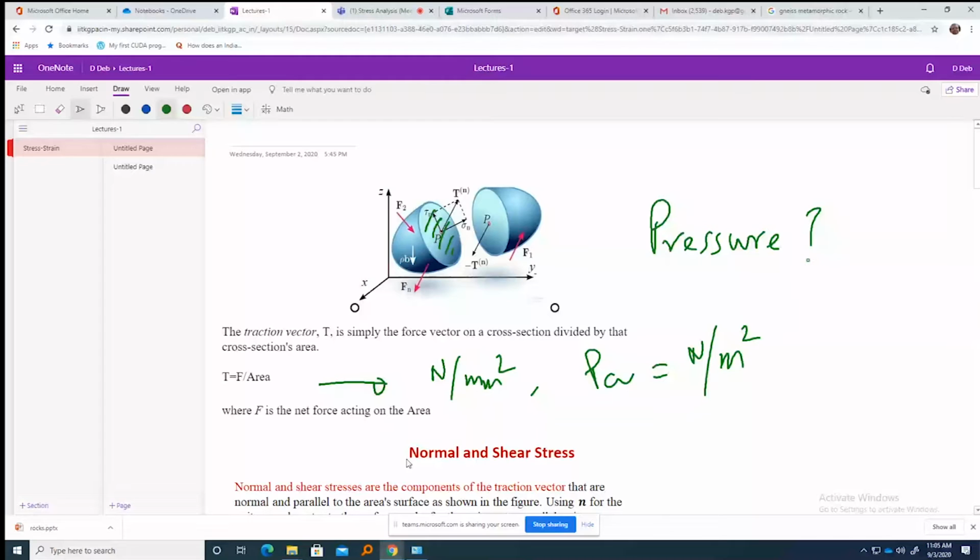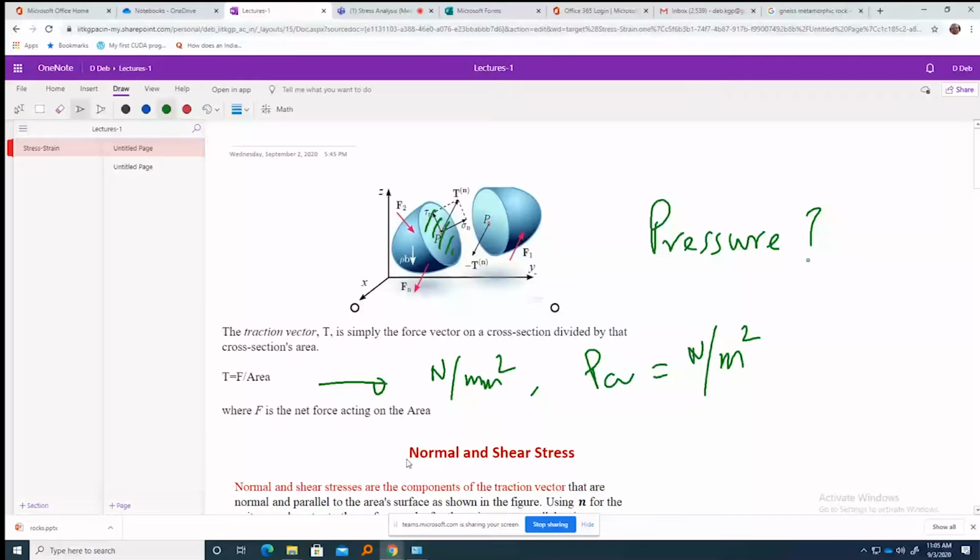Correct. Okay. And mostly pressure is used with fluid. When we say gas pressure or a liquid pressure, it's not traction we call. Because traction is also associated with shearing, and pressure doesn't give shearing.